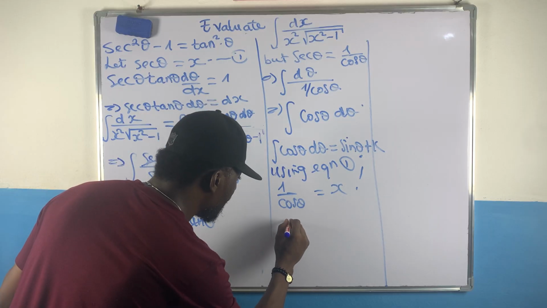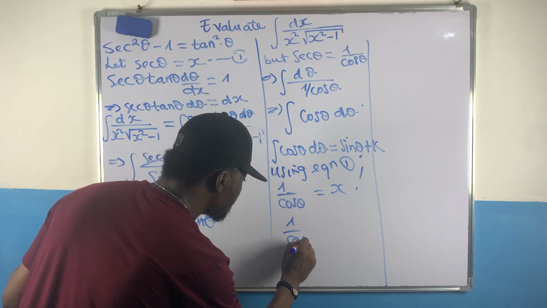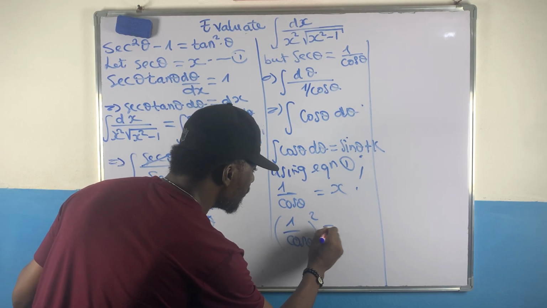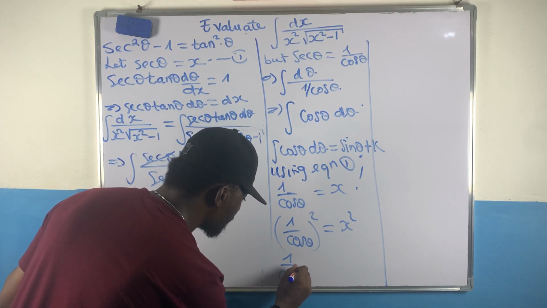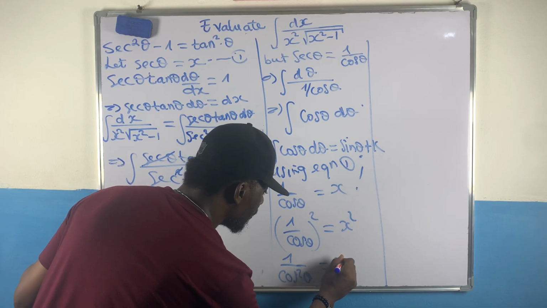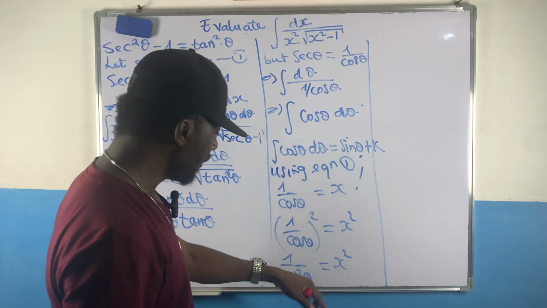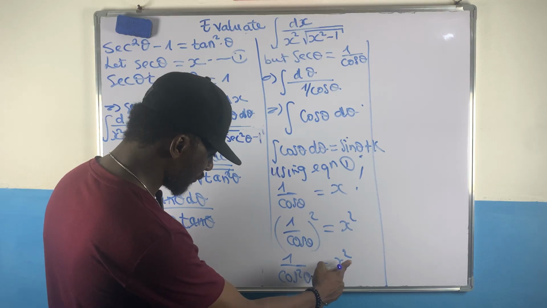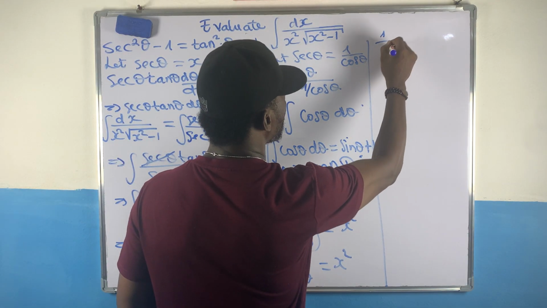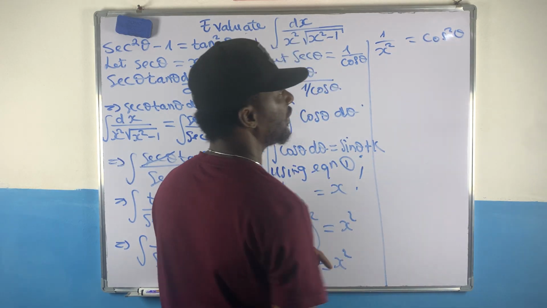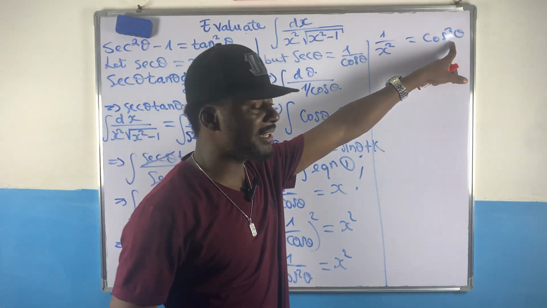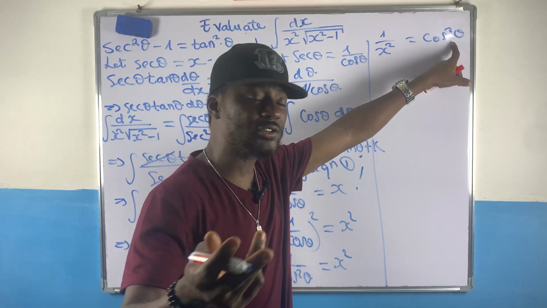So squaring both sides, I'll have 1 all over cos squared theta equal to x squared. From there, when you cross multiply, you see that 1 all over x squared is equal to cos squared theta.